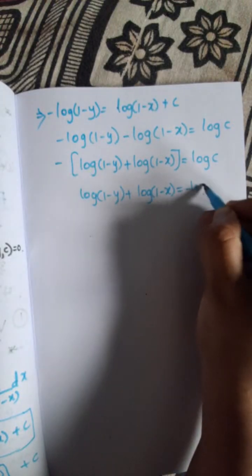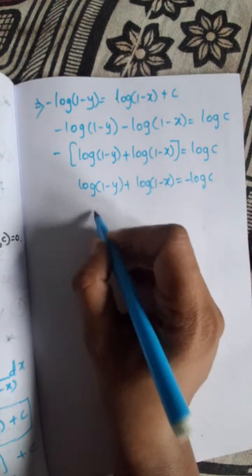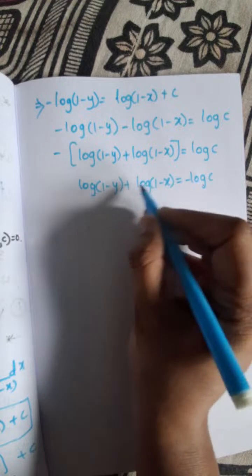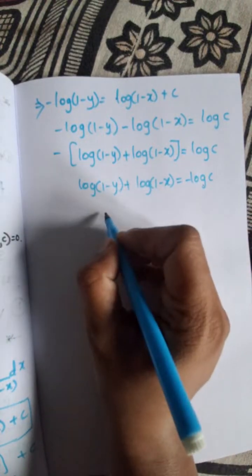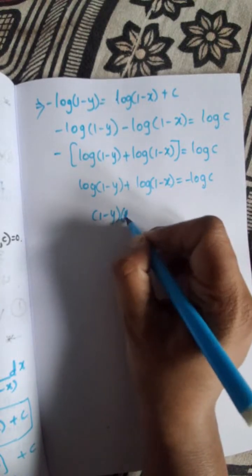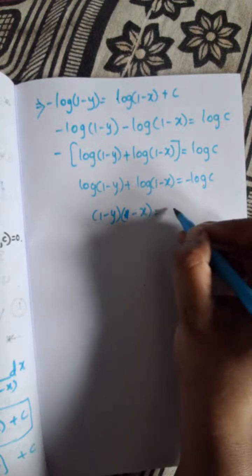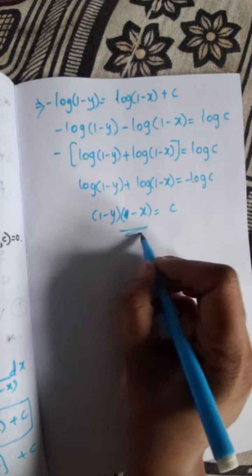It is already a constant, so log c minus log c. Log a plus log b is log ab. So this can be written as (1 minus y)(1 minus x) equal to c. So like this we have to solve the differential equation.